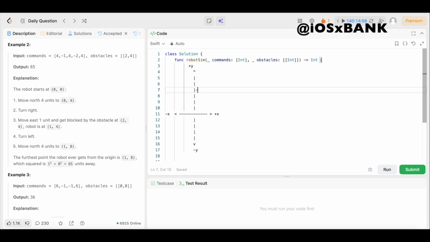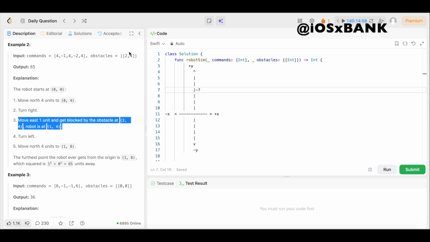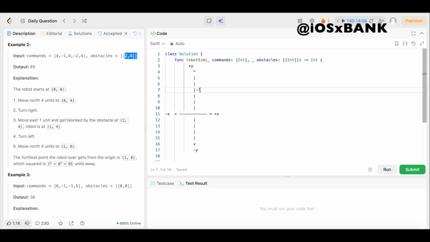Let's put that right there. So we only move east 1 unit and we get blocked by the obstacle at 2, 4, which would be right here. After we get blocked at this obstacle, then we turn left.